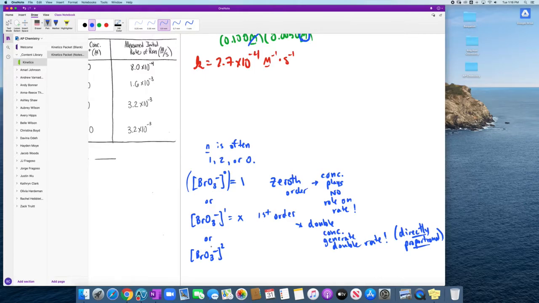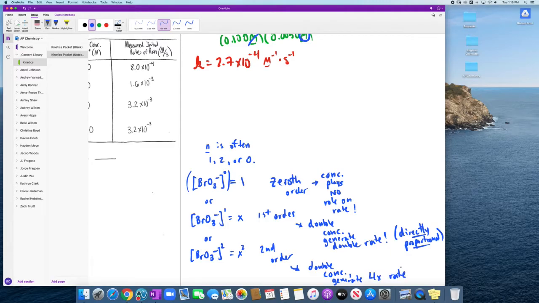If it's second order, this is sort of like x squared, and so there is a direct connection, but it's a quadratic connection. So if you have a second order reactant and you double the concentration, it's going to generate 4 times the rate.